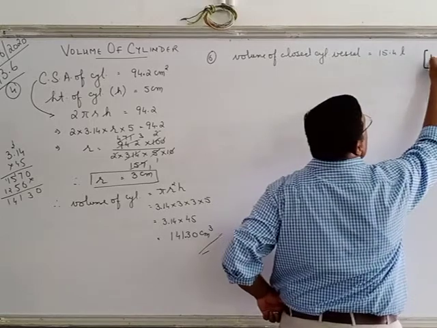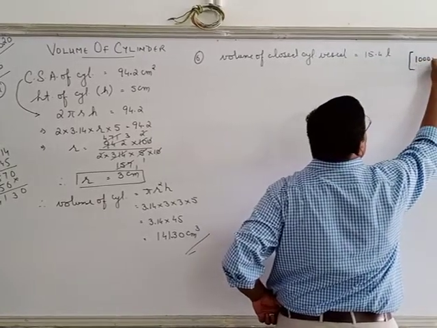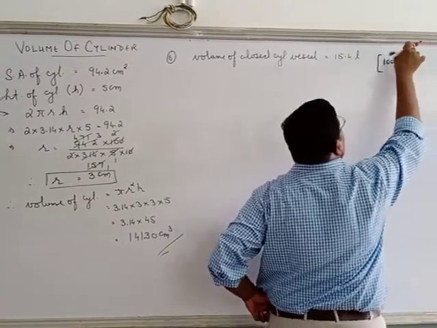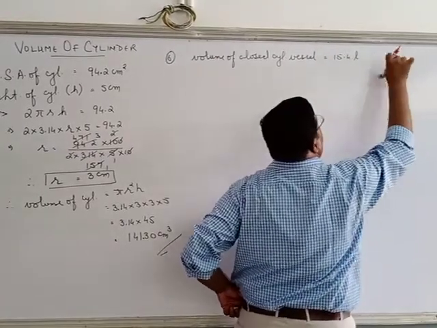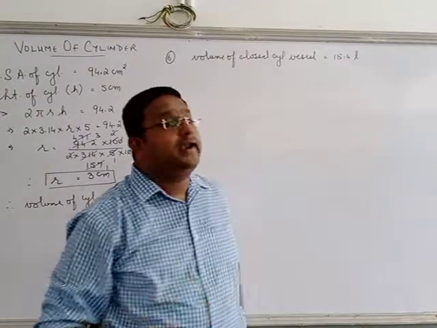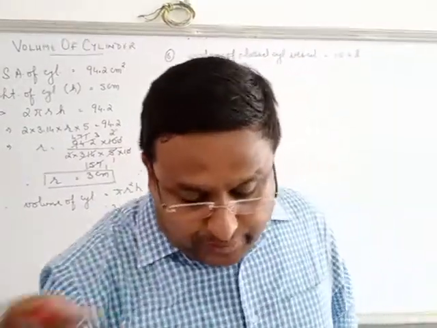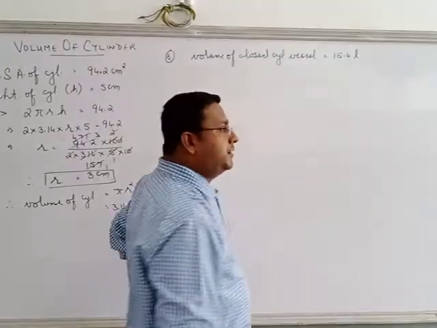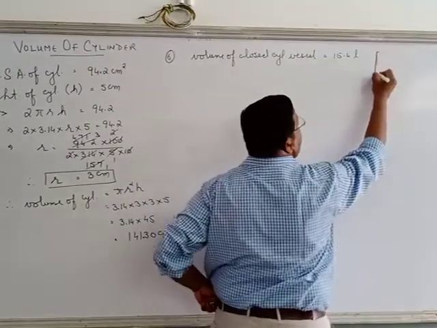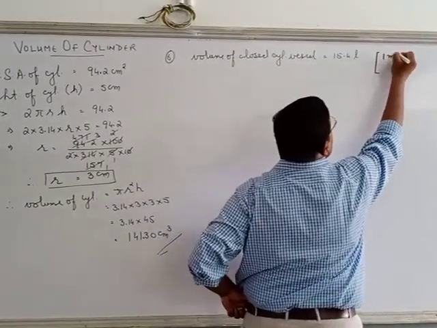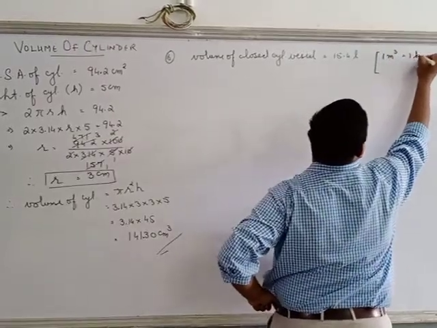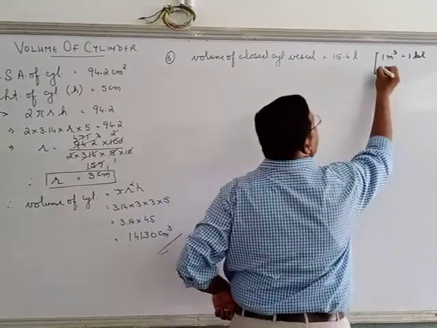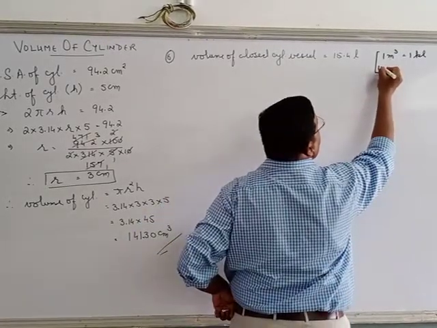We know 1000 liter is 1 meter cube. How do we convert? Liter to be converted into meter cube. 1 meter cube is equal to 1 kiloliter. Remember, 1 meter cube is equal to 1 kiloliter. So that means 1 meter is equal to 100 centimeter.